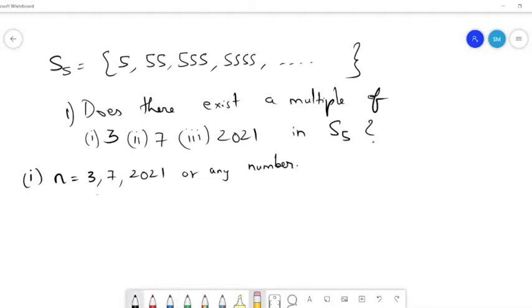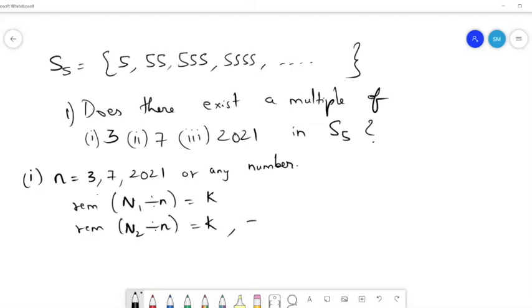What we saw was, if the remainder of n1 divided by n is some k, and the remainder of some other number n2 divided by n is also k, if both of them are equal, then we saw that n divides n2 minus n1.